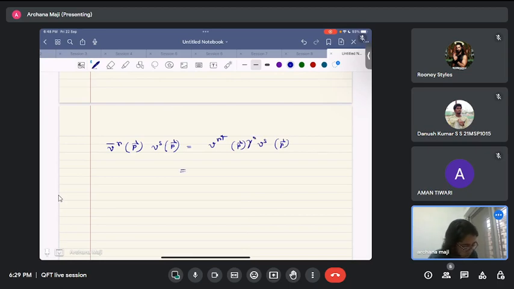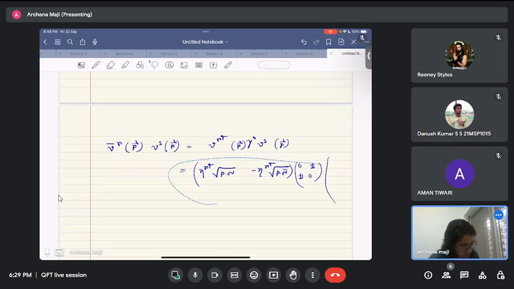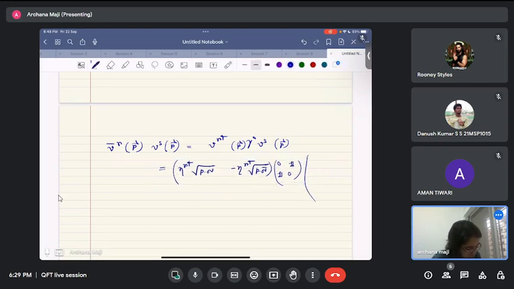This is eta r dagger square root p dot sigma, minus eta r dagger square root p dot sigma bar, multiplied by the gamma 0 matrix times the solution now with parameter s.